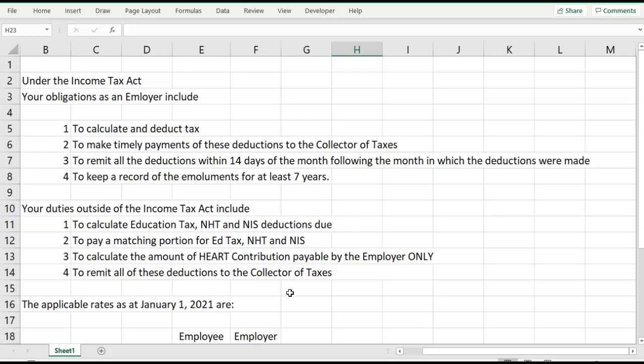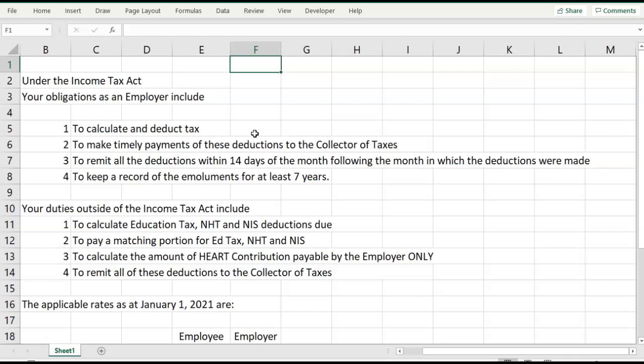If you have employees, it means you're obligated to calculate their income tax, which people in Jamaica call PAYE, which is pay as you earn. You have an obligation to calculate the income tax and take it out of their salary or earnings.